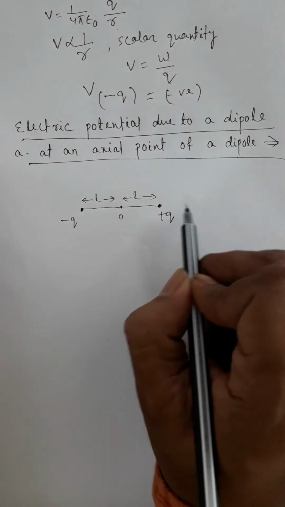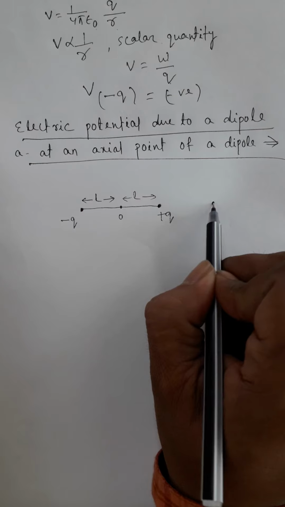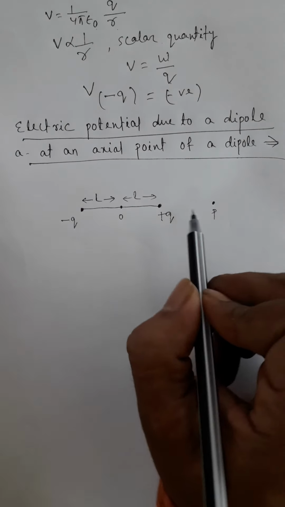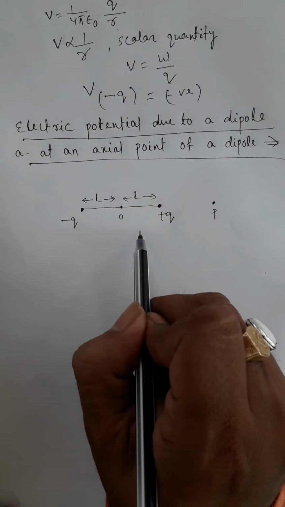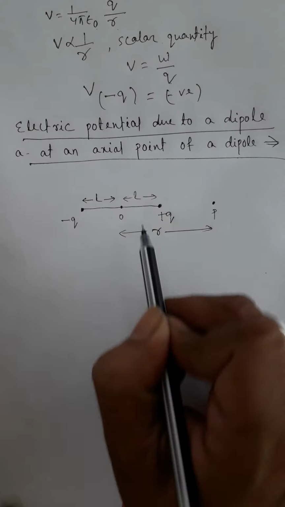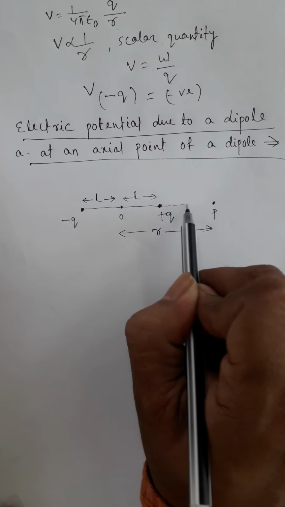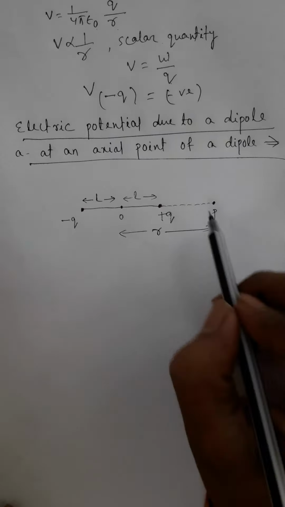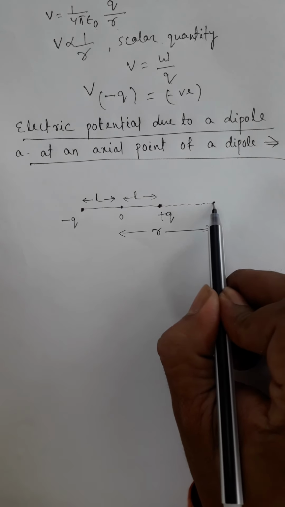Let's take a point P here, and we have to calculate the electric potential at this point P, which is at distance r from the center of the dipole. Let's join it.